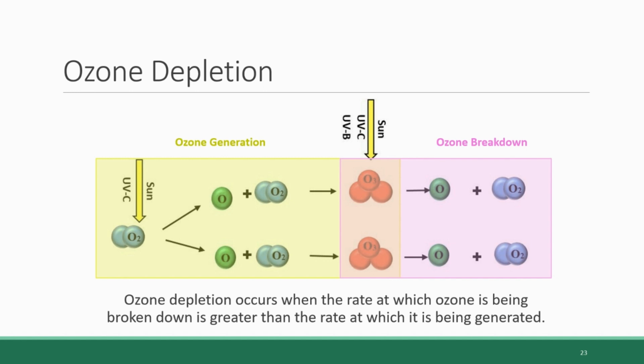And remember how we said that ozone is the only known chemical that absorbs UVB? So if you don't have enough ozone around to absorb that UVB because it's not being generated fast enough, then more of that high energy UVB starts to break through down to the Earth's surface. And this is a problem.